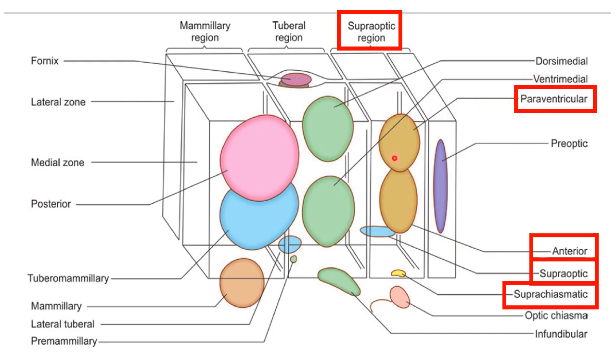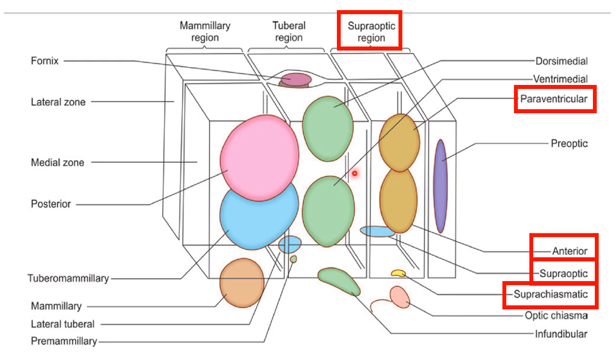So this region is called the supraoptic region, above the optic chiasma, consisting of the suprachiasmatic nuclei, the supraoptic nuclei in blue, the anterior in brown, and the paraventricular nuclei.